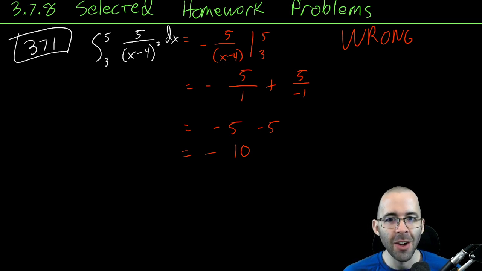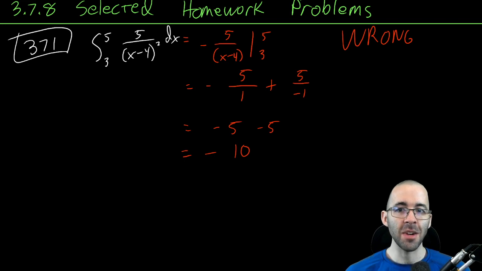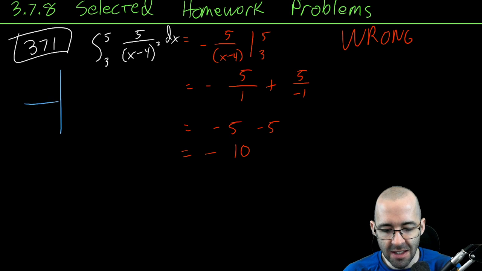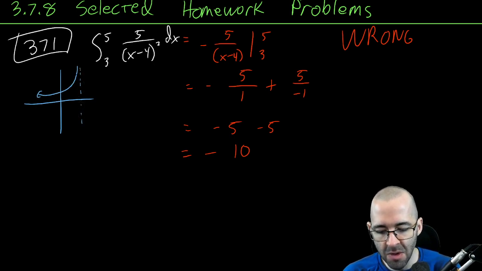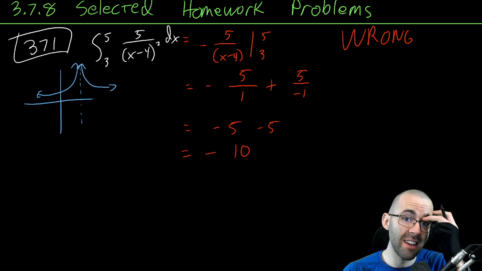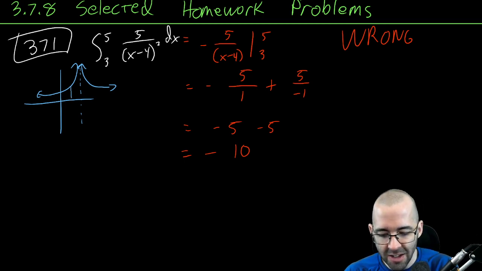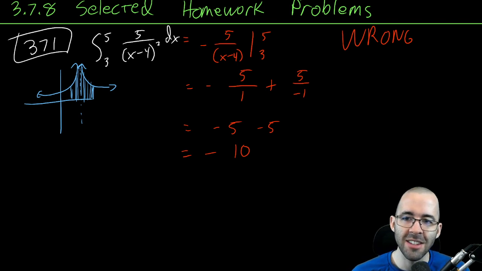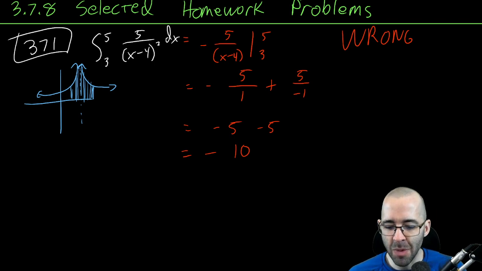Yeah, so right off the bat, if you forget about improper integrals on this problem, you should notice, because the 5 vertically stretches it, x minus 4 moves it 4 units to the right, this is what this function looks like. This is actually very similar to one of the ones we were looking at in the lecture videos. If this net signed area is negative, we got a real problem. So don't forget about improper integrals.